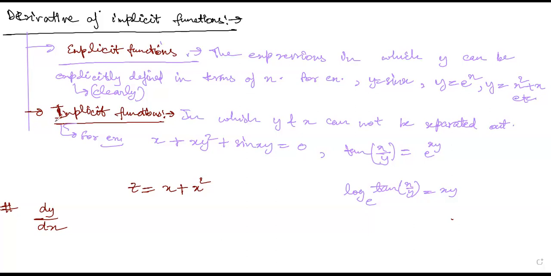Now let's start with a very basic example. Okay, first, so let's say I have this expression y is equal to x square minus y square, or rather, before this, let's take first y is equal to x square minus x.